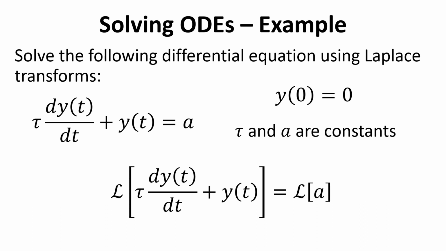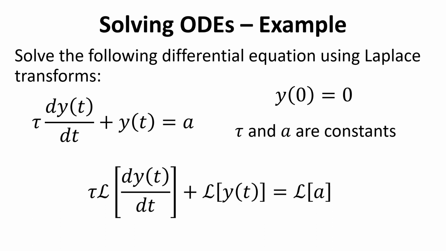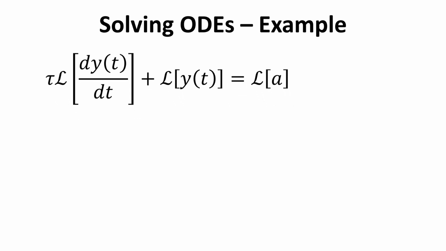Now we're going to use the fact that Laplace transforms are linear, that they're additive, to just sort of break apart the left-hand side. So we've now got tau times the Laplace transform of the derivative plus the Laplace transform of y of t. So we're going to use this and actually think about the information we had in the tables and try and make progress. So the Laplace transform of a derivative is multiplied by tau, and so we need to bring that down.